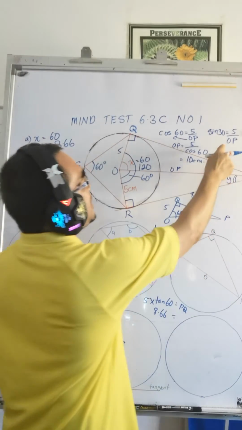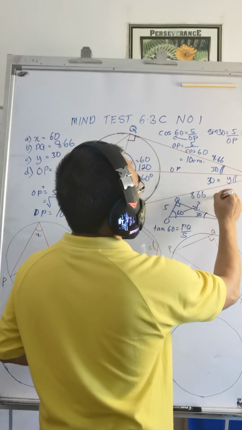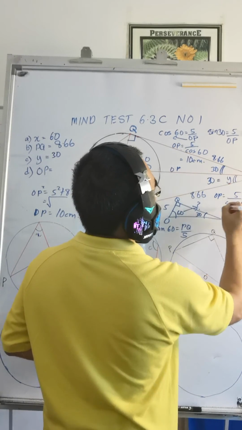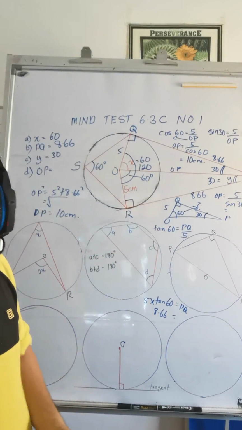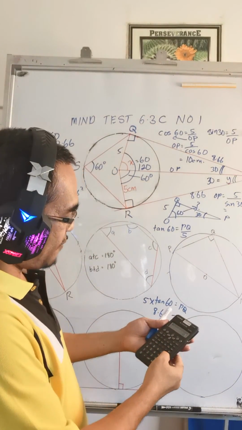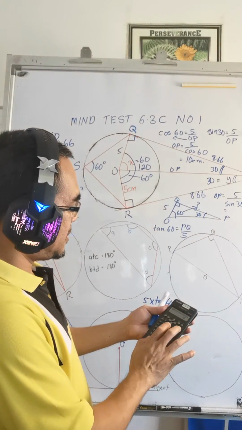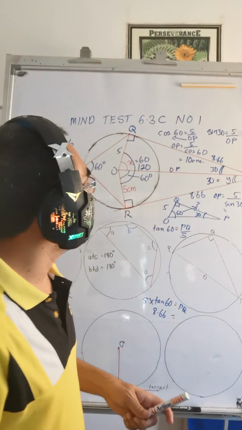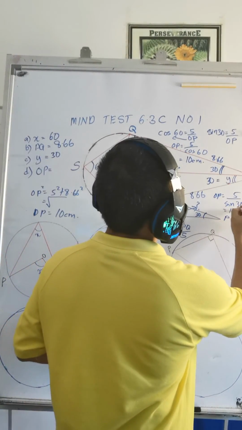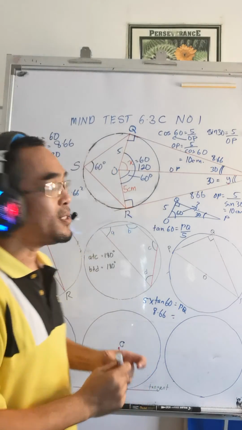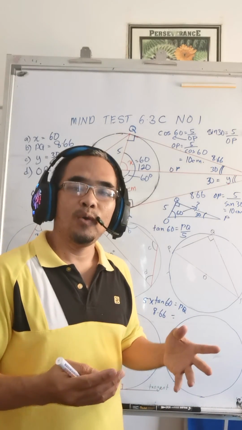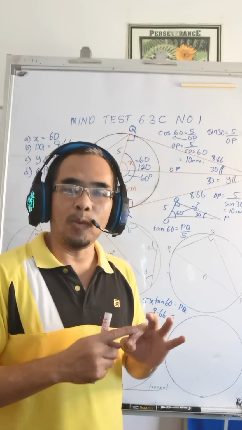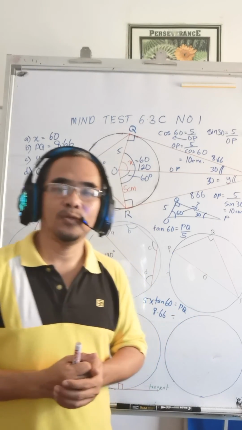Similarly, you move OP to the other side, so it becomes 5 over sine 30, and 5 divided by sine 30 is exactly 10 also. Because in this case we have so much information, you can use Pythagoras theorem or trigonometry. Hope you understand.